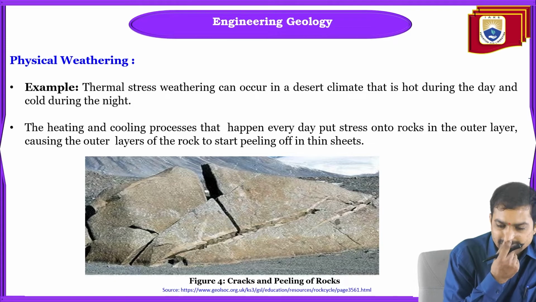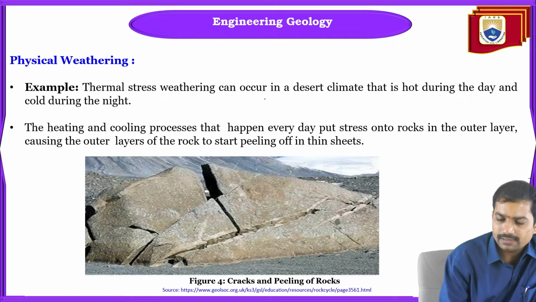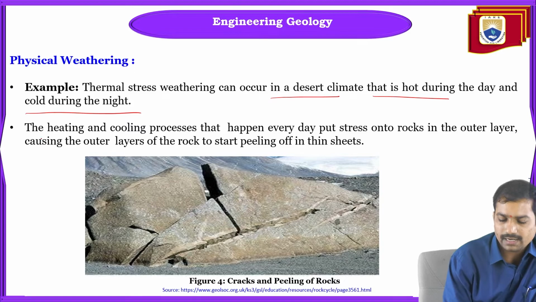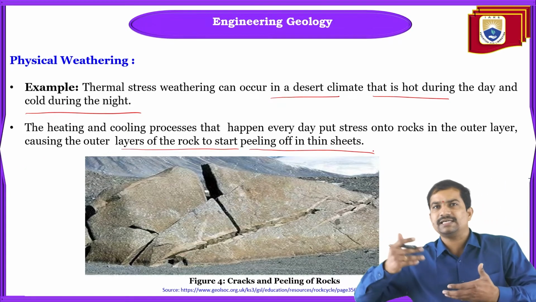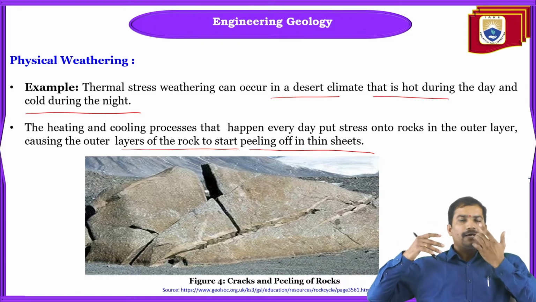The thermal stresses occurring in the desert climate, that is hot during the day and cold during the night. The heating and cooling processes that happen every day put stresses onto rocks in the outer layer, causing the outer layers of rock to start peeling off as thin sheets.